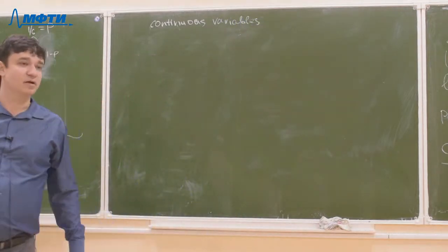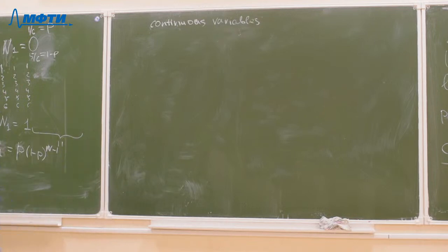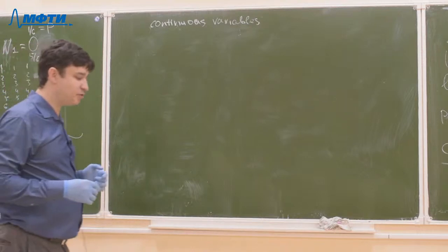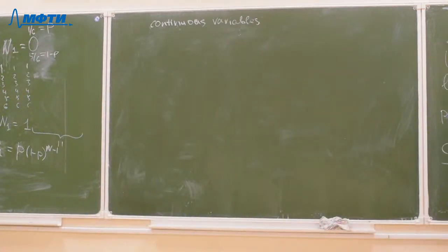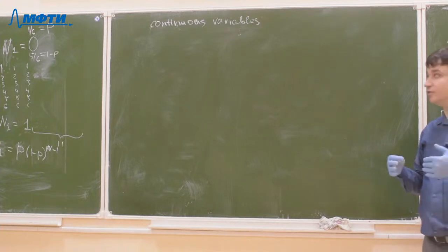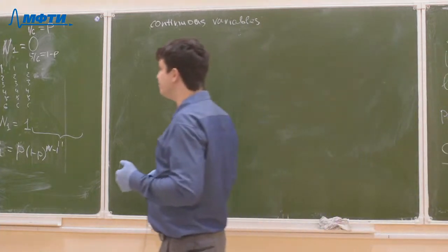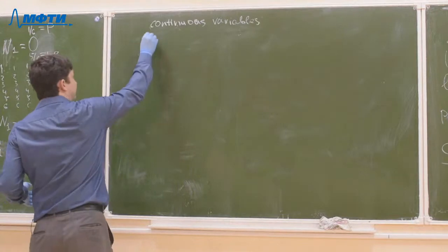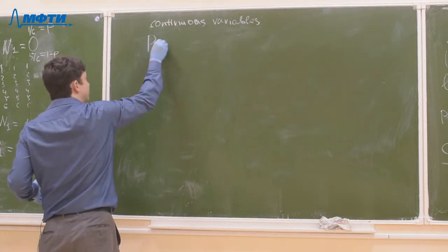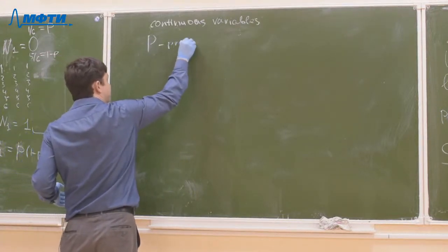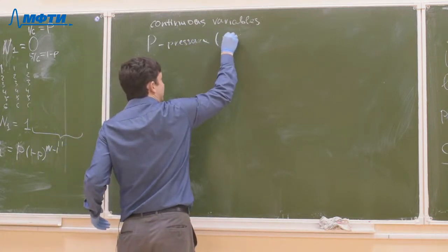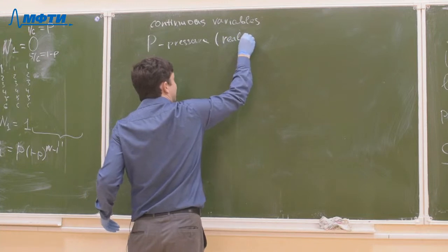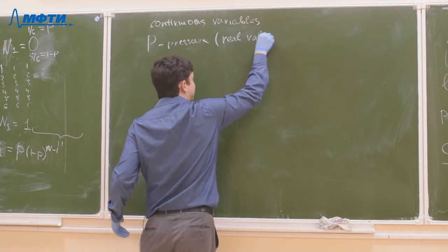So let's say we measure the pressure of an ideal gas, and we measure this pressure to a very great precision. And we see that this pressure is actually a fluctuating value. At any given point of time, the pressure of the gas, P, is a real value.